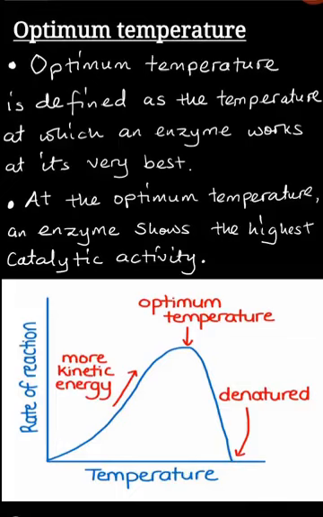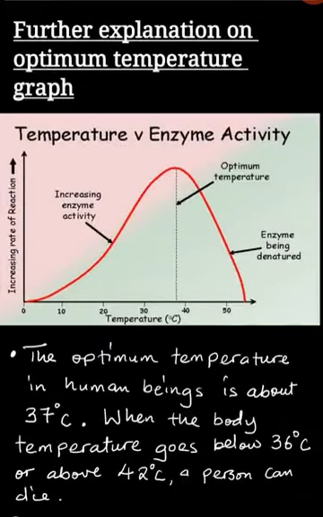For you to understand this temperature graph even better, we can interpret it here much further. Like I said, on the y-axis, you are going to have an increasing rate of reaction. So here, the reaction starts from 0 and it increases in speed as you increase the temperature. So when the temperature is at 0, the enzyme action is also at 0, because here the enzyme is not active.